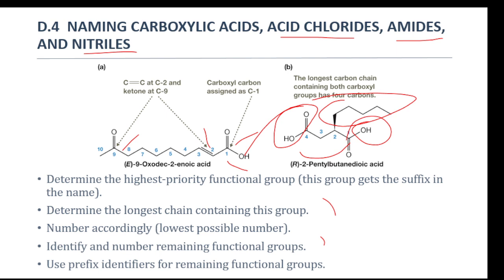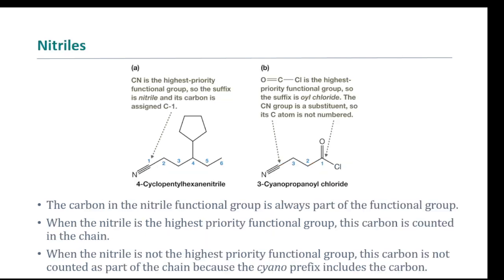Okay? All right, so the nitrile functional group: right here we have the nitrile. Notice the carbon is always part of that functional group because a nitrile is a nitrogen triple bonded to a carbon. Can everybody see it okay?